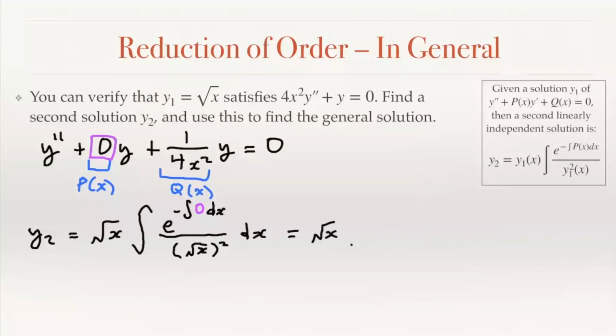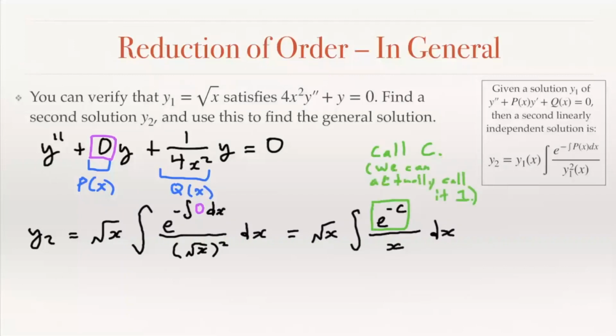That is root x times the integral of e to the negative c, integral of 0 is a constant, all over x dx. Let's call e to the negative c just c, renaming constants. We can actually call it 1. It will end up getting absorbed, but I will just illustrate what that means.